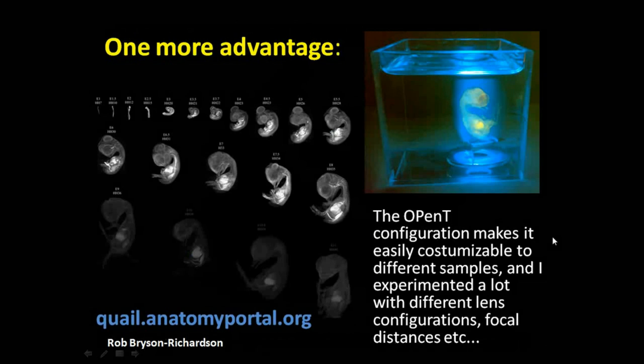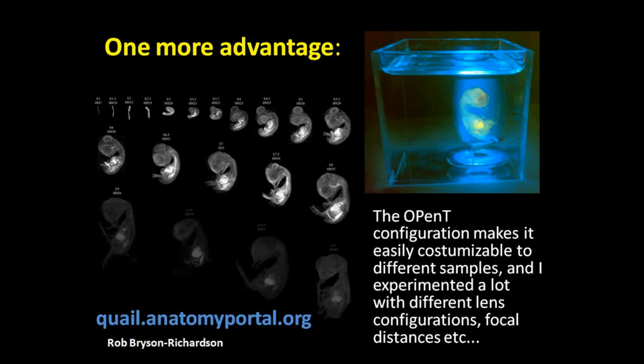One more advantage: the fact that you build your own system means you can customize it. Now, the original optical tomography scanner that's no longer being sold was prepared for relatively small mouse embryos. Rob Bryson-Richardson from Monash University in Australia was working on a full atlas of quail development from the early stages to the later stages.